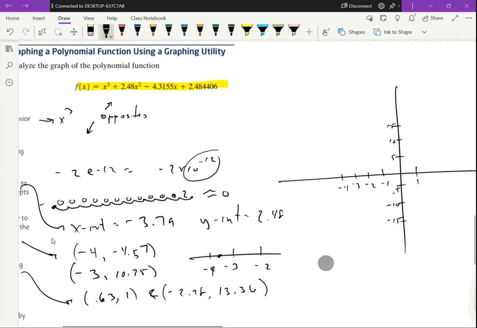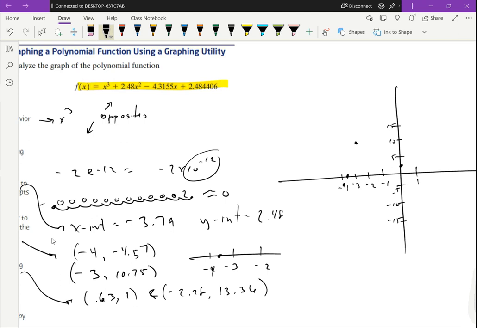Let's figure out, so we had an x-intercept at -3.79, so we'll plot that one. We had the y-intercept at 2.48, so we'll plot that. Then we also had some other interesting points. -4 was -4.57. -3 was 10, so it's going to be up in here.